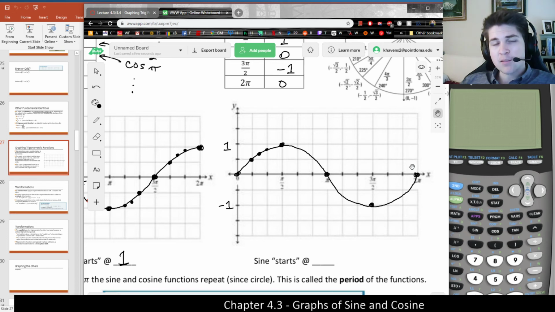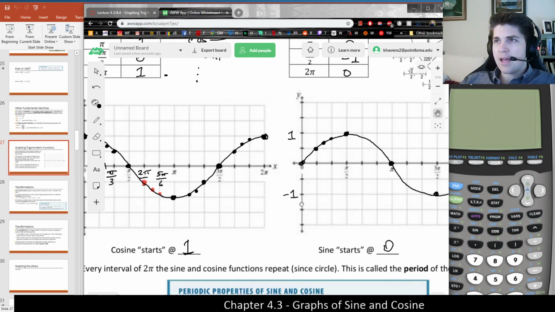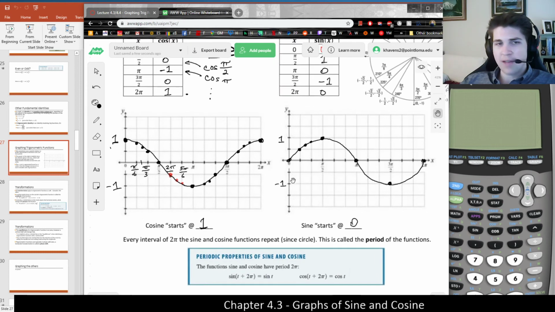Like polynomials, sine and cosine are smooth and continuous functions. They don't have any sharpness to them, which is important towards differentiability in calculus. And the key thing to differentiate the two graphs, because they really are the same curve, is that cosine starts at 1, sine starts at 0.